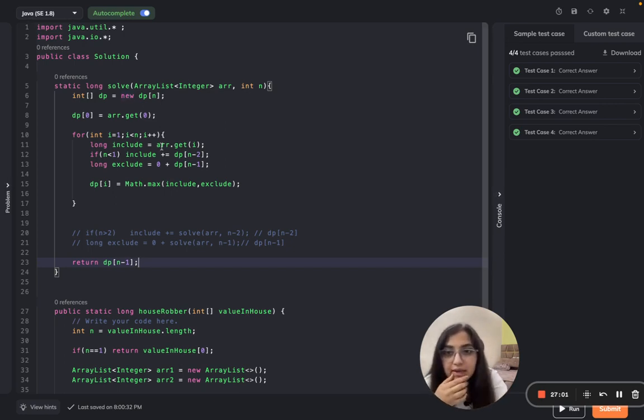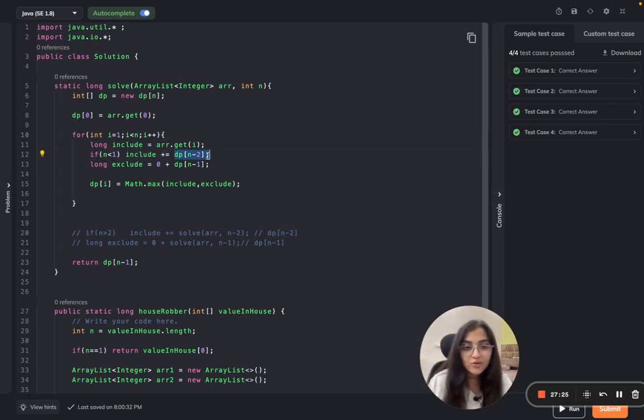For example, here, instead of making the recursive calls, we are just fetching the value that we have already solved in the minus 2 position. In recursion we do the same thing: we call the function and calculate the answer for the index n minus 2, correct? And in dp, we are just fetching that stored value. Got it?